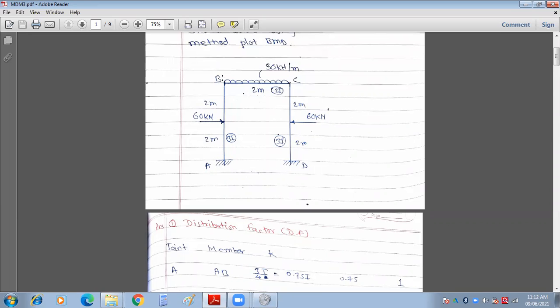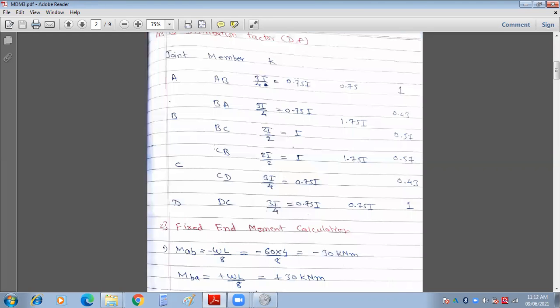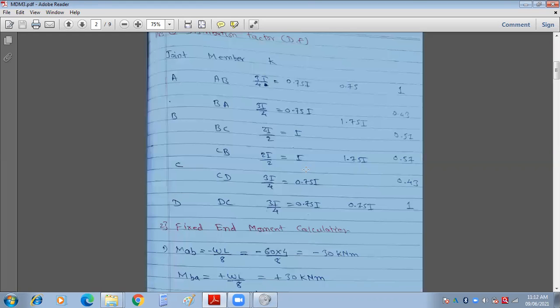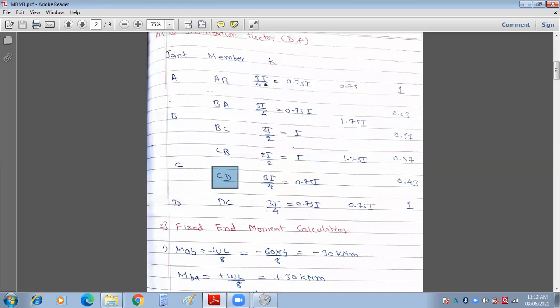Now in this figure, the frame is symmetrical. Therefore, whatever values we get for joint B, similarly we will get for joints C and D also. For C, the members CB and CD are connected. Symmetrically, the member CB is the same as BC, so the relative stiffness is I by L, and here the value is I. The same holds for CD and BA, since the span and the condition are the same.